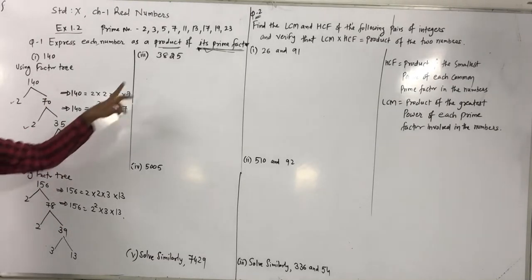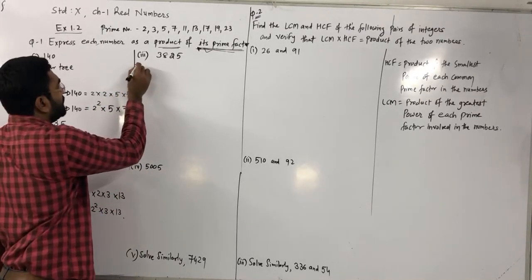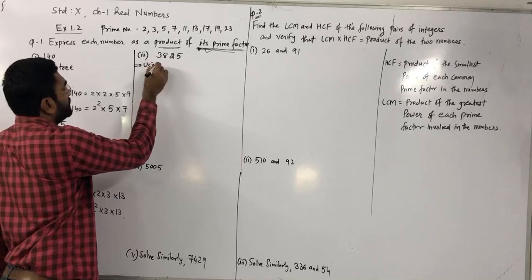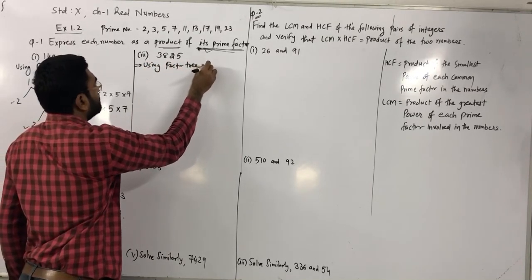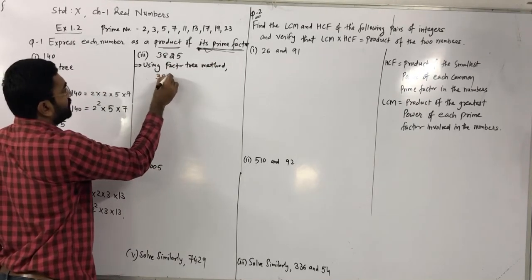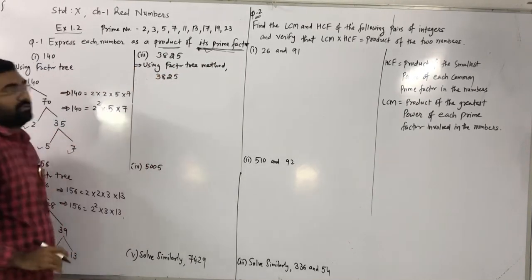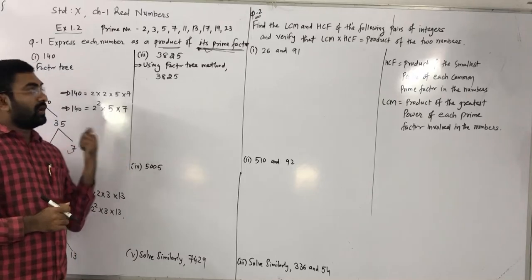Now in the same way, 3825. We use the factor tree method. The given number is 3825. Now see, as I told you, how can we decide divisibility by 3?